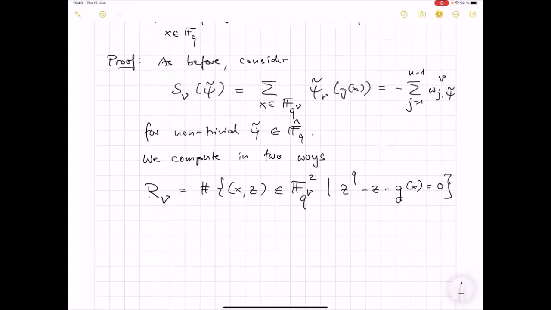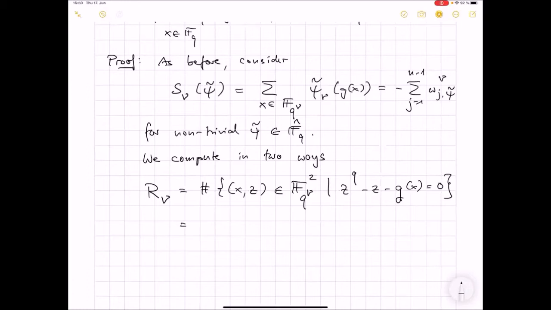And this is something I can detect by the trace. So you remember, the trace from F_q^nu down to F_q is 0 if and only if the element is of the form z to the q minus z.